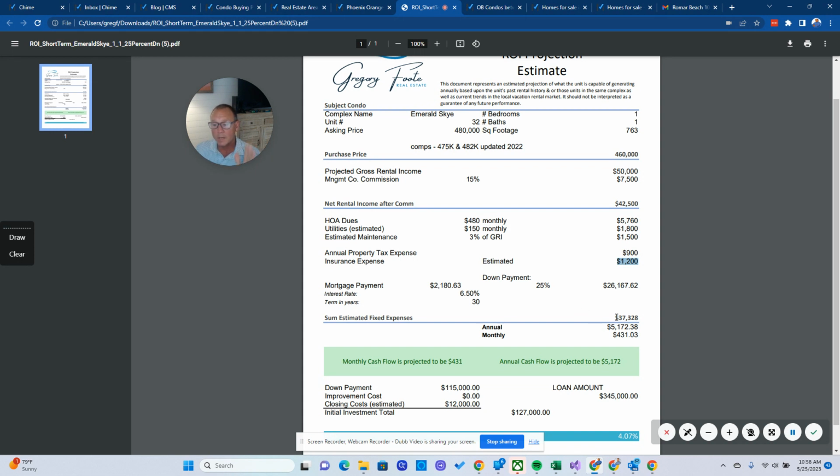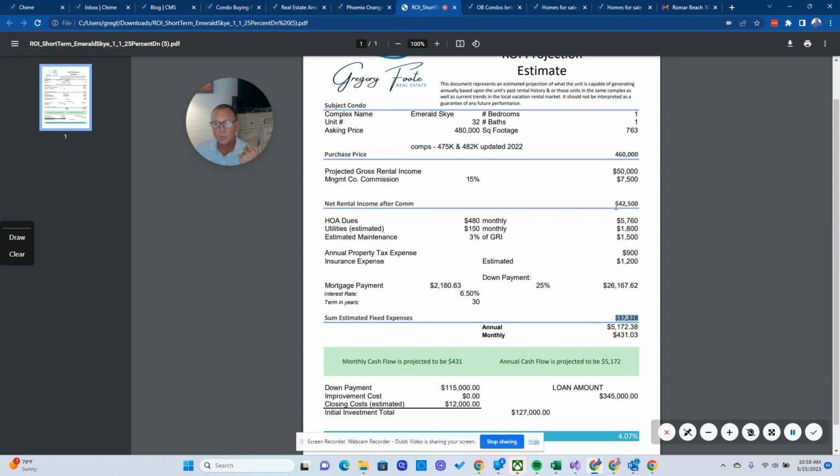Anyway, in this particular unit we're putting 25% down, which is $115,000 of this $460,000 figure. It's going to be somewhere around $2,180 a month for the mortgage payment, which puts us at $37,328 in approximate fixed expenses.